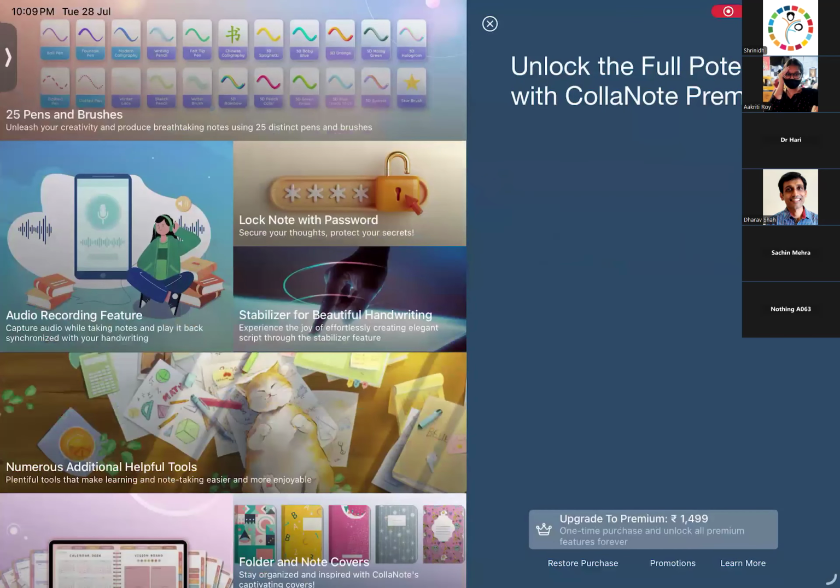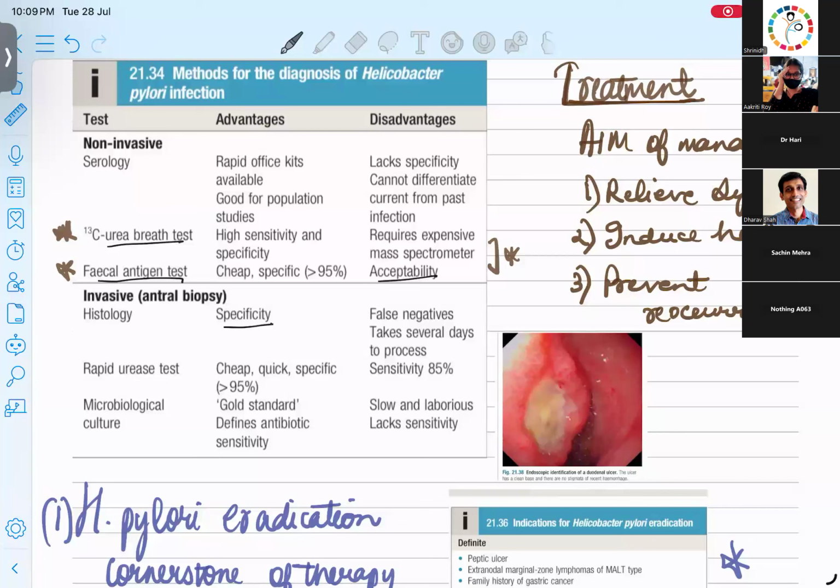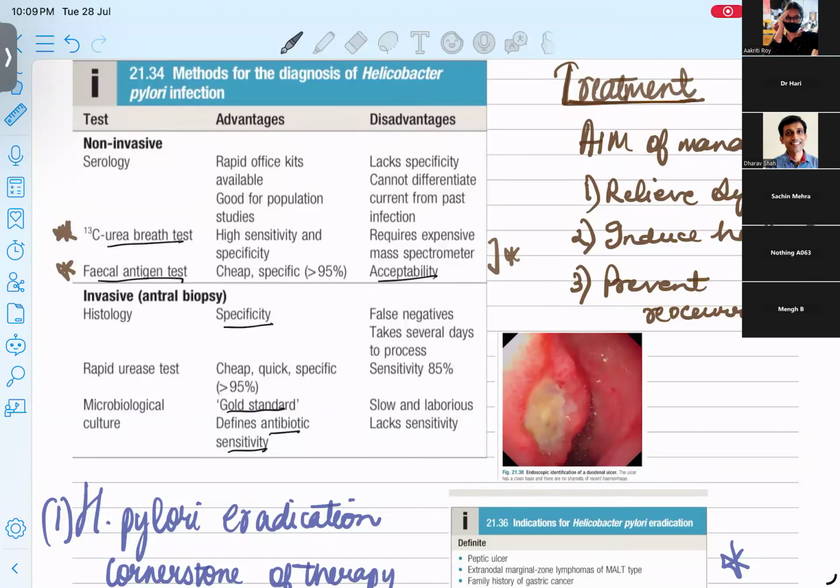For endoscopy biopsy, the rapid urease test is a cheap, quick, specific test, and microbiological culture, of course, is the gold standard. It defines the antibiotic sensitivity, and since the prevalence of peptic ulcer disease has increased so much in lower middle and middle income countries, we are also seeing antibiotic resistant strains.